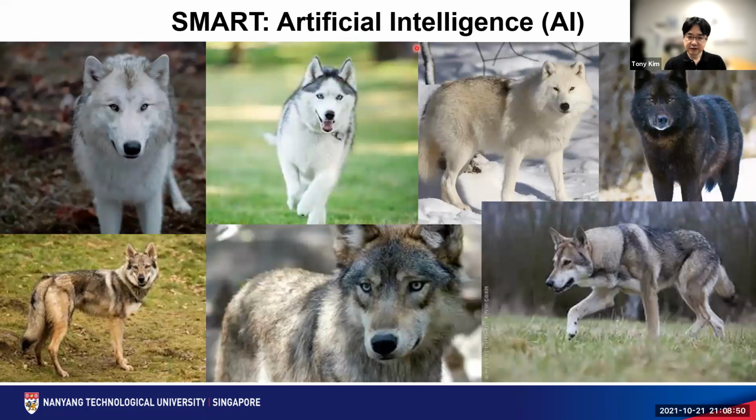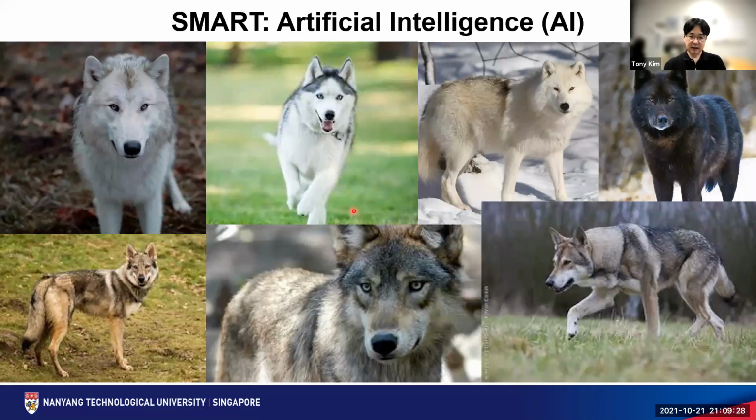So artificial intelligence can be very attractive in solving relatively complicated problems. For example, speech recognition and image recognition, they are good candidates of artificial intelligence and machine learning. Here I'm showing several photos, and as you can see, some of them are wolves, while some of them are dogs. But it's quite difficult for us to tell which are wolves and which are dogs, right?